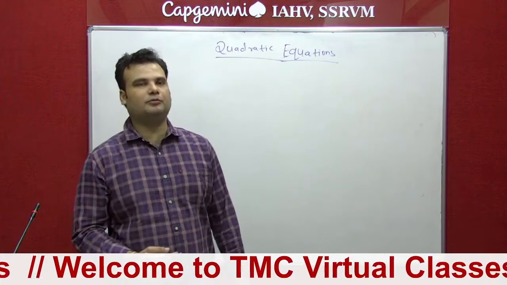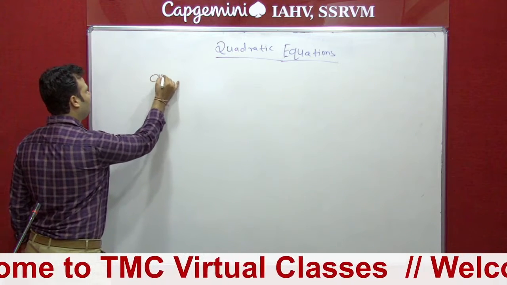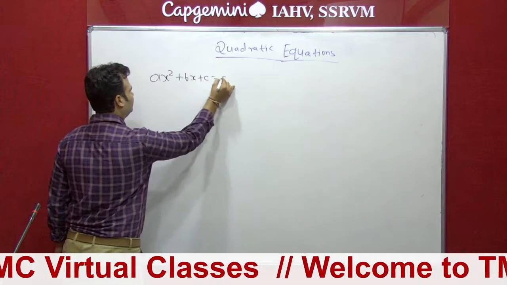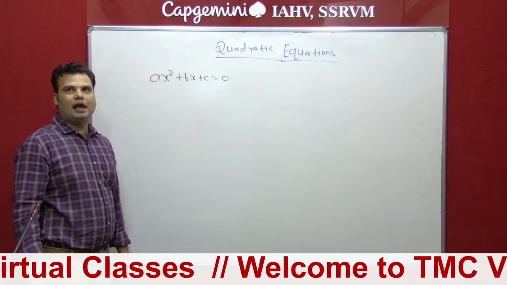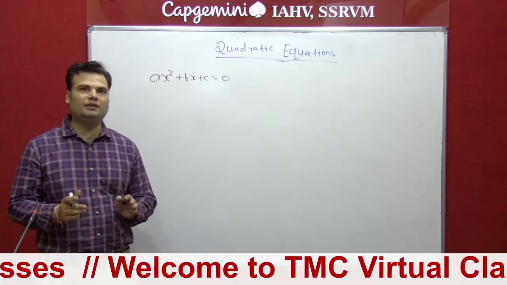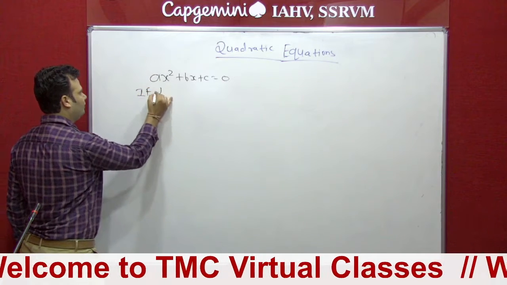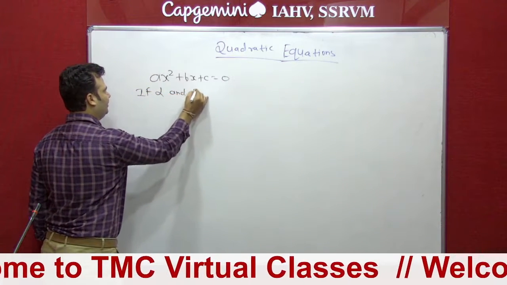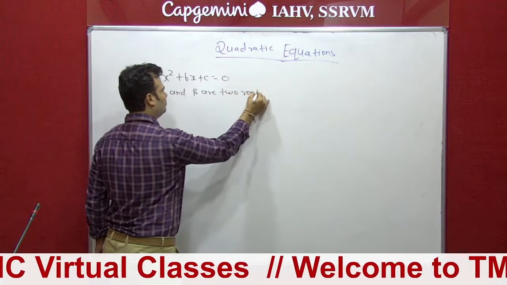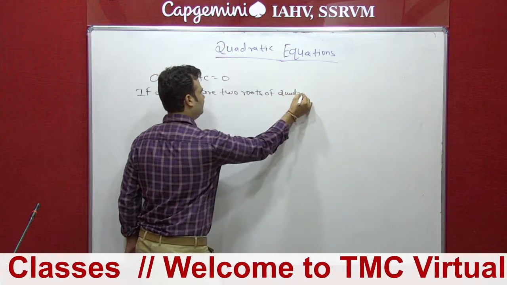So let's start. You already know that for any quadratic equation, the standard form is ax square plus bx plus c equal to 0. And I already told you that whenever the index is 2, there are always two roots. So we take alpha and beta as the two roots of the quadratic equation.